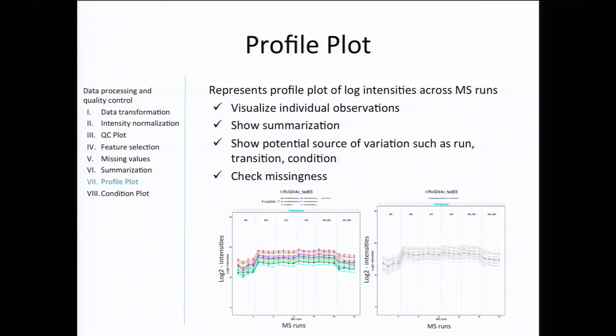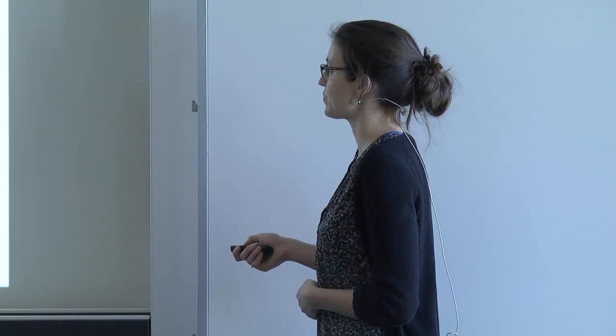And here on the right-hand side, you have the summarized intensity, which is marked in red, and all the single transitions that contributed to this summarized value are in gray behind. So you can check this; it should roughly represent what you can also see in this transition level plot.